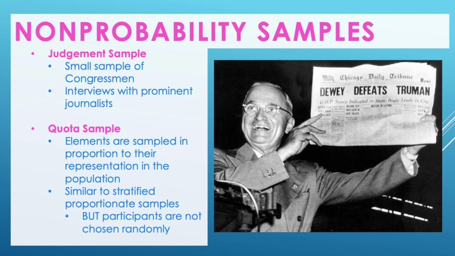People who are hyper politically engaged are going to be the ones who are most likely to take the time to fill out a card, put it in an envelope, put it in the mailbox, right? So that's just a really famous example of one of the worst polling gaffes in American history, where the election results were so wrong. They were so off because the sampling frame was just awful and terrible and biased and not really random or representative. So that's why Truman is on this slide.